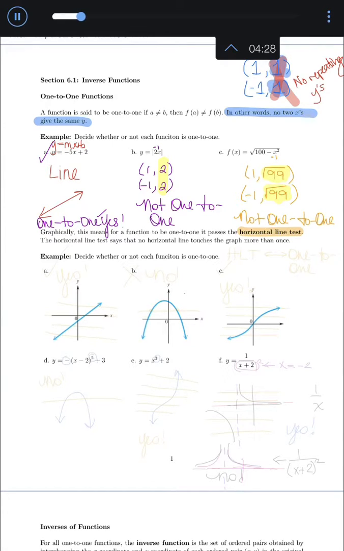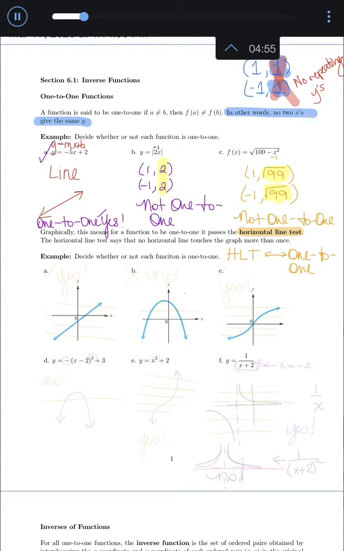So this horizontal line test, we'll call it the HLT, will tell us whether or not it is one-to-one. If the horizontal line hits once or less, we're good and it's one-to-one. If the horizontal line hits more than once, it is not one-to-one.